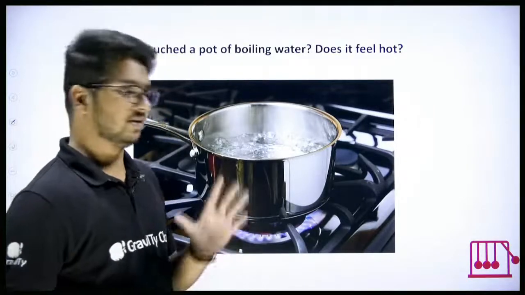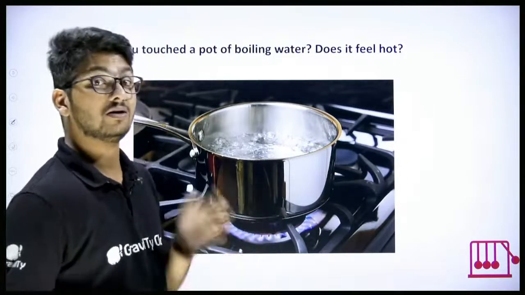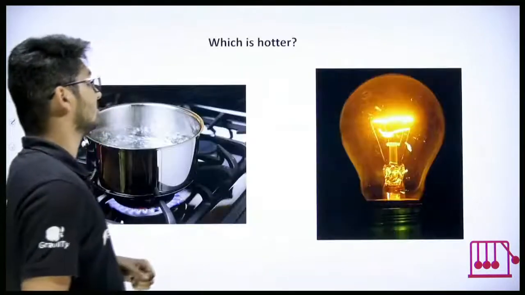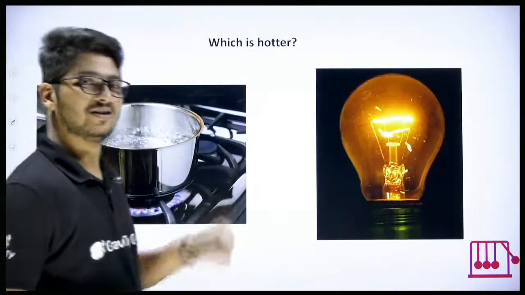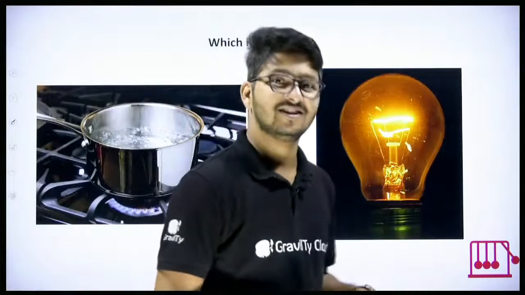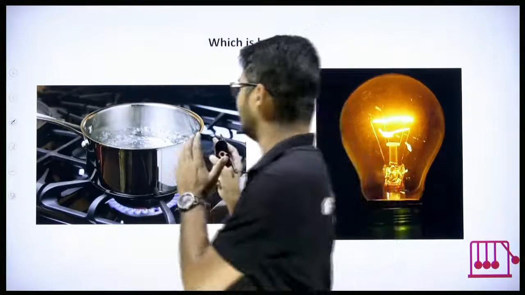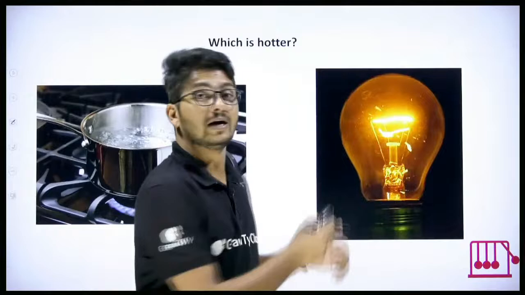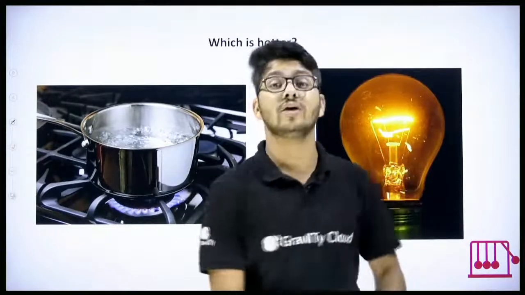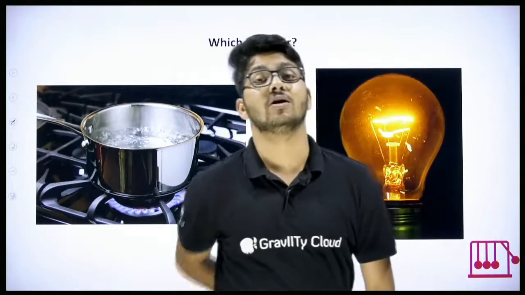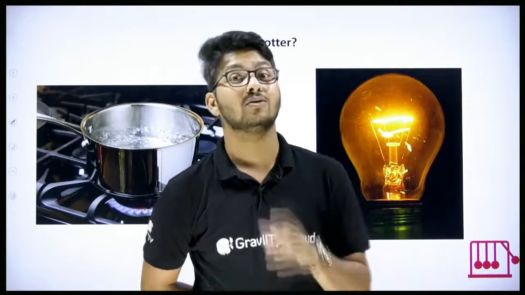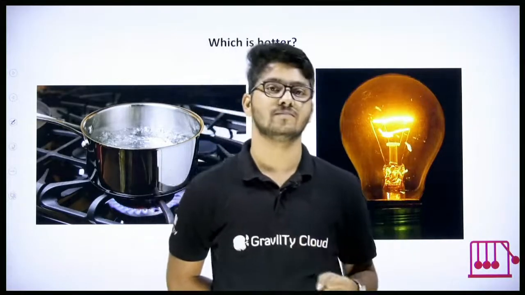By touching, you can tell whether an object is hot or not. Now the question is, which is hotter? The boiling water or the bulb that is glowing? Which one is hotter?